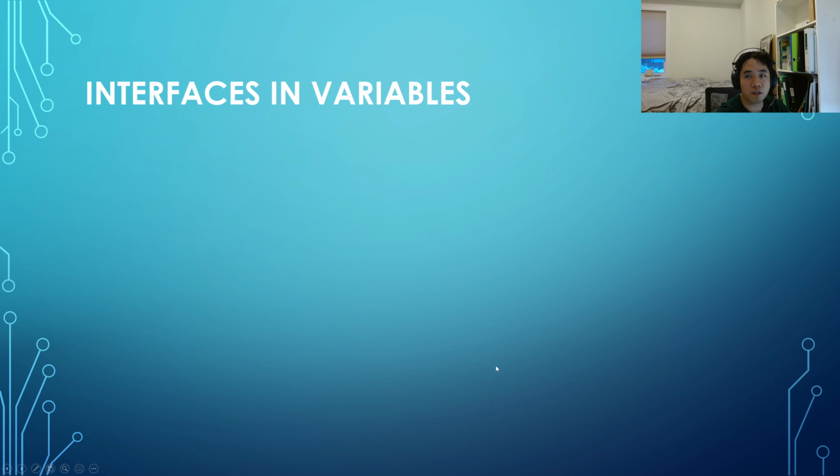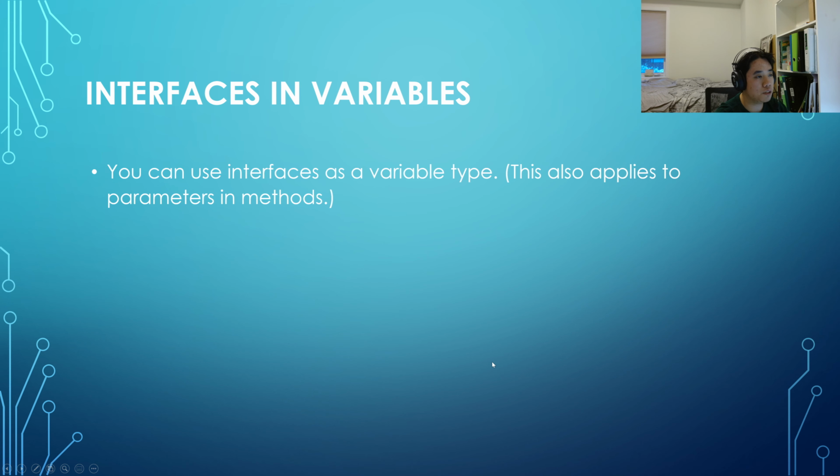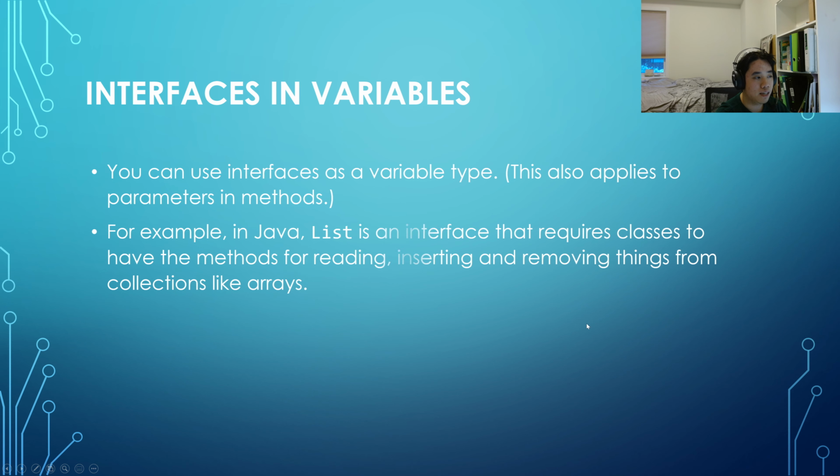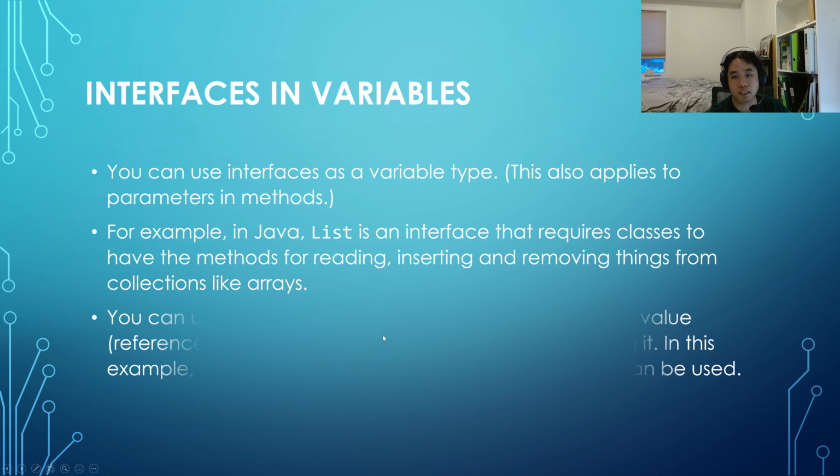Of course, just like abstract classes, you can use interfaces as a variable type. As an example, according to Java's documentation, List is actually an interface that requires classes to have methods for reading, adding stuff, and removing stuff from collections such as arrays.